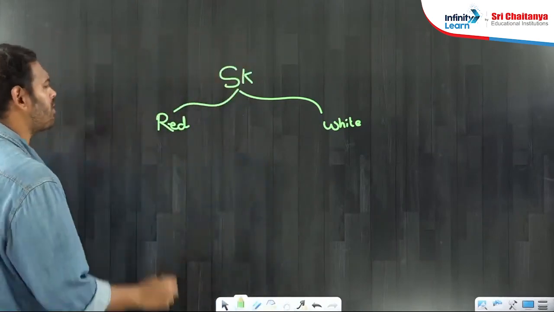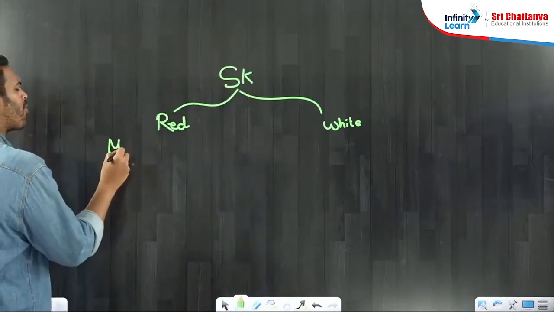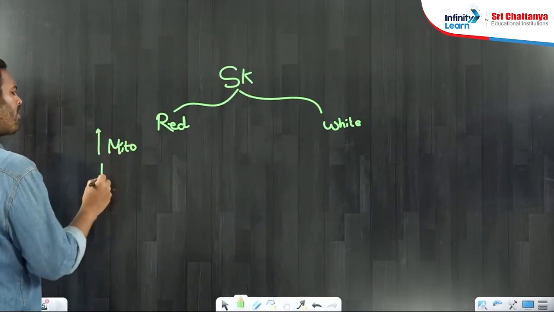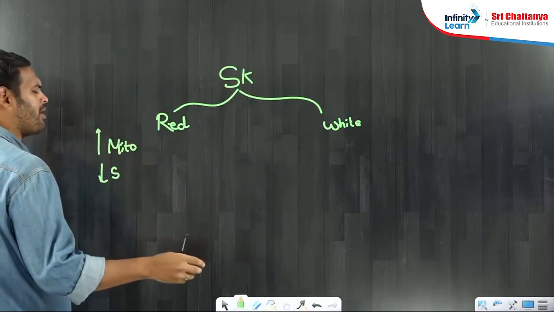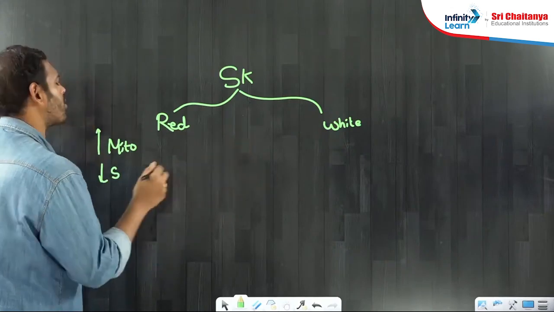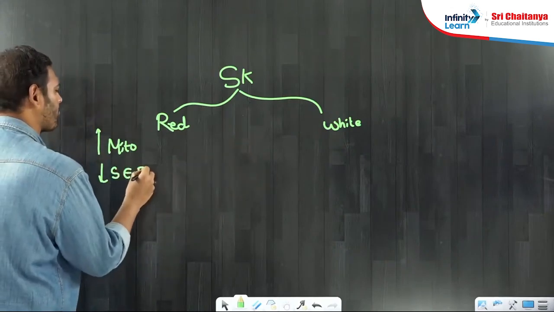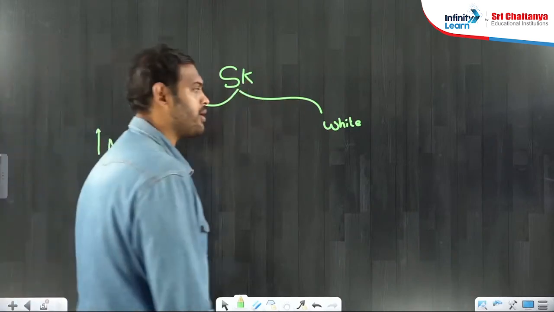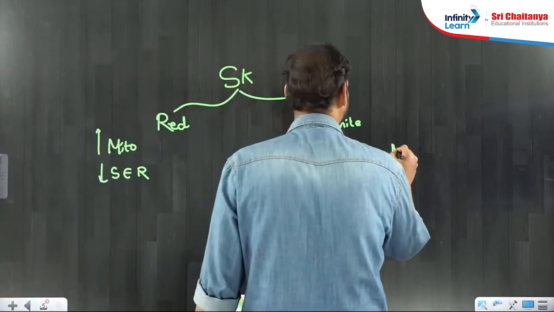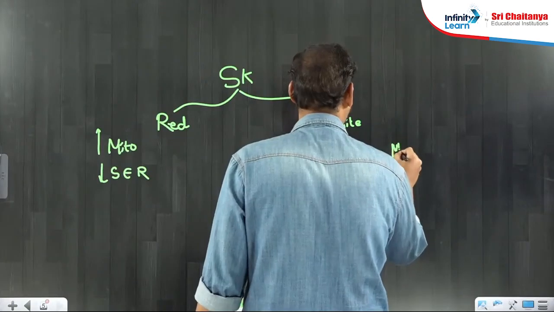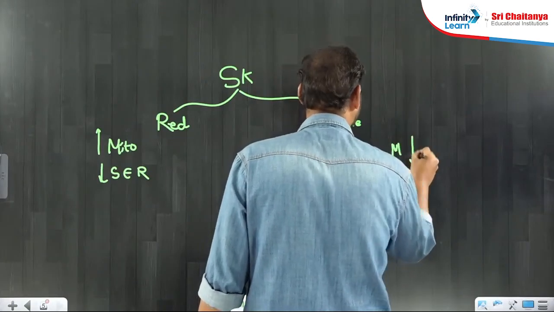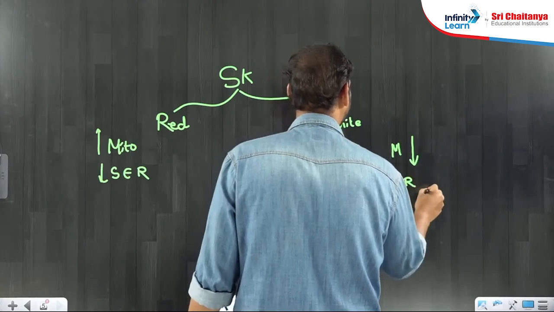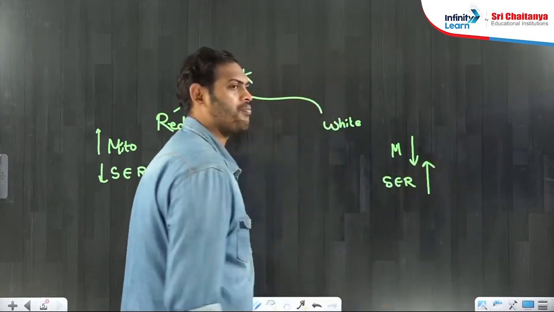Red fibers have more mitochondria but less concentration of sarcoplasmic reticulum, nothing but smooth endoplasmic reticulum. Whereas white skeletal fibers appear white because they have less mitochondria but more concentration of smooth endoplasmic reticulum.